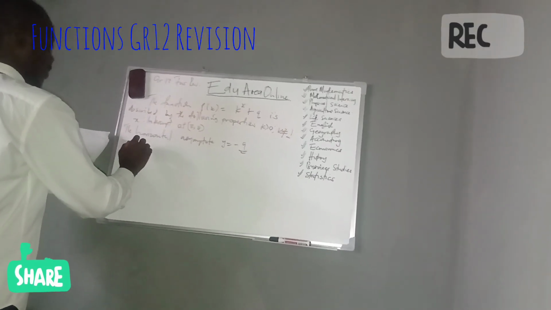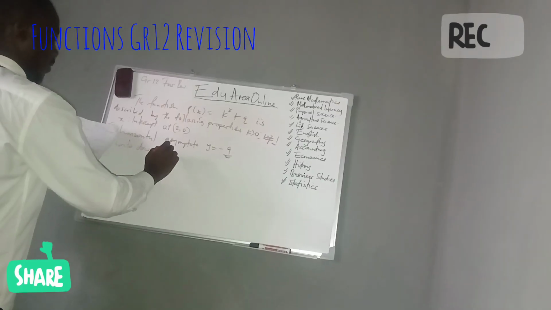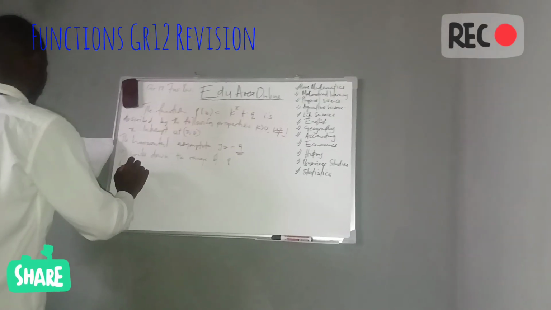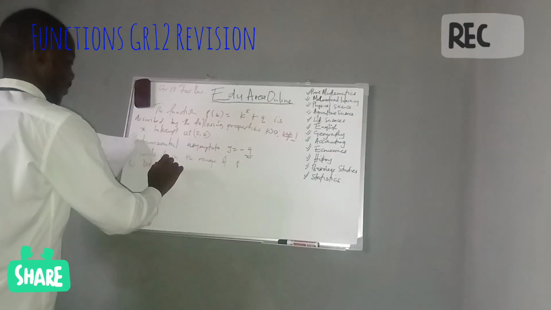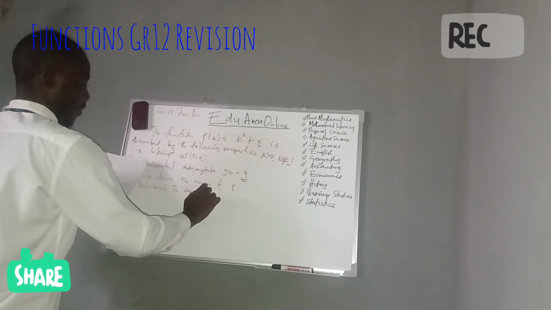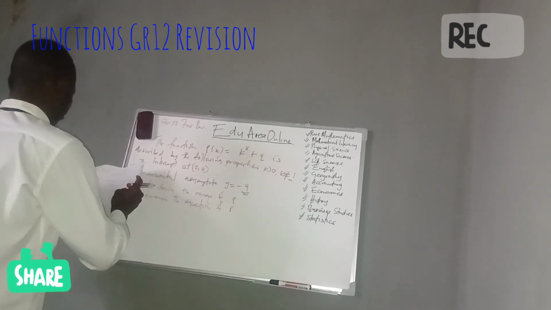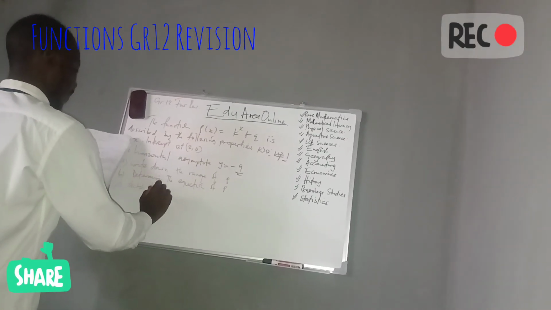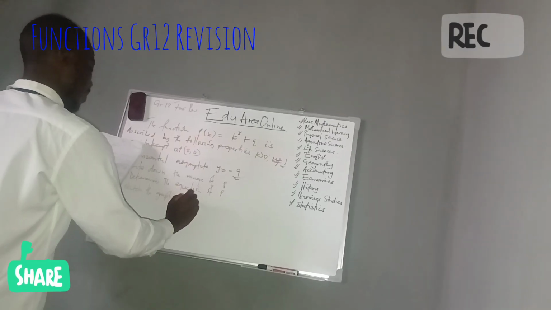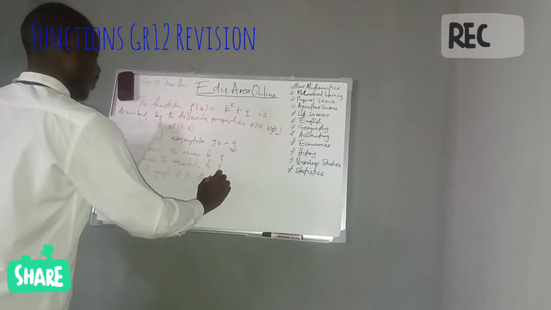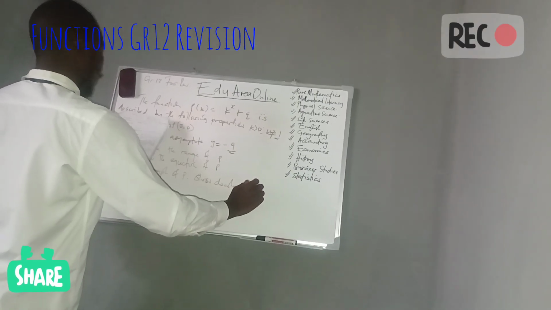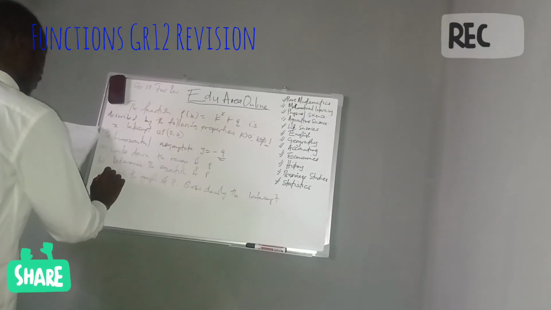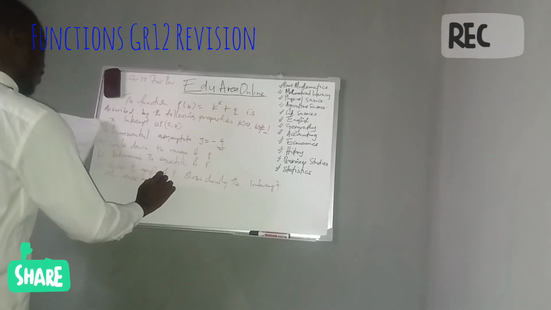So A, it is saying write down the range of P. B, number 2 is saying determine the equation of P. Then C, or number 3, sketch the graph of P, show clearly the intercept with the axis and the asymptote.